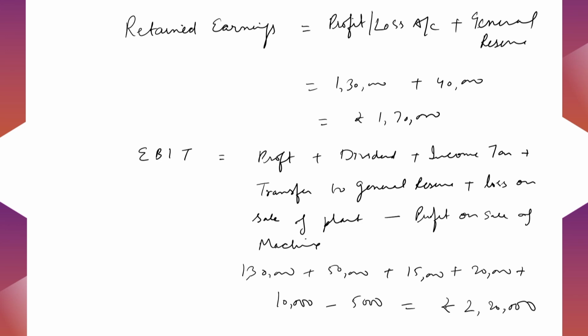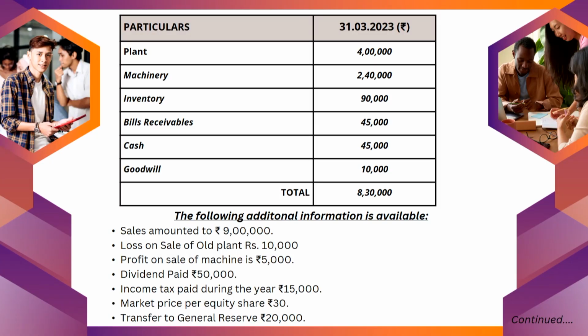Next we need the market value of equity, or the market capitalization. In this question, I am going to calculate it because you can see the market price per equity share is given in the additional information at rupees 30 per share.